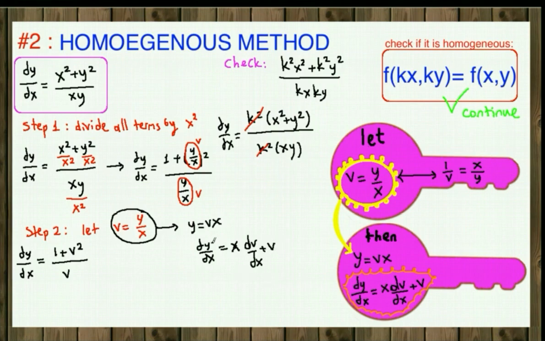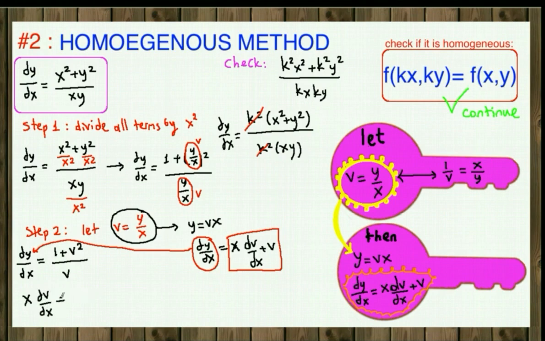Now this dy dx will be substituted with that dy dx. So x times dv over dx plus v, which we get from the differentiation of y equals v times x, equals 1 plus v squared over v.